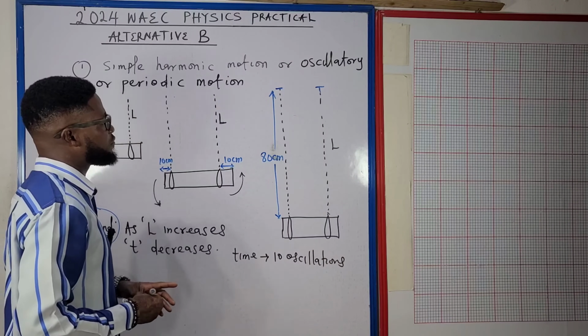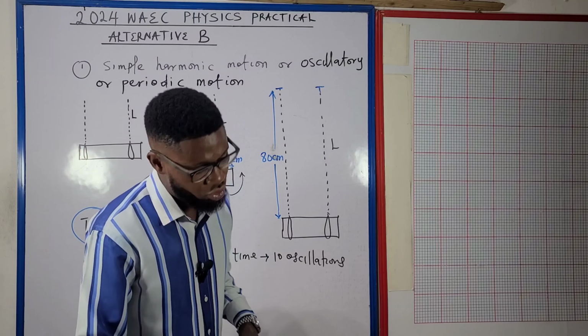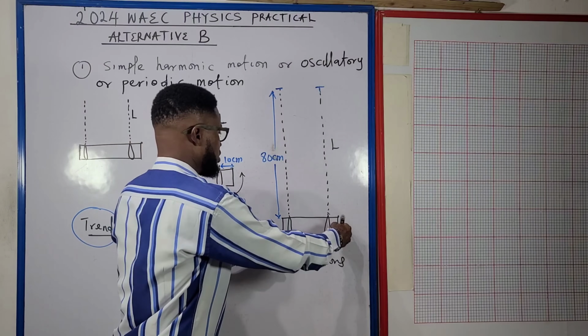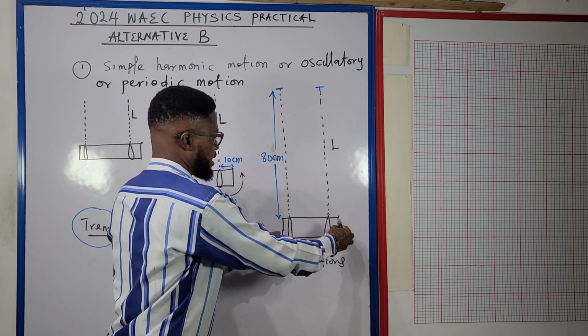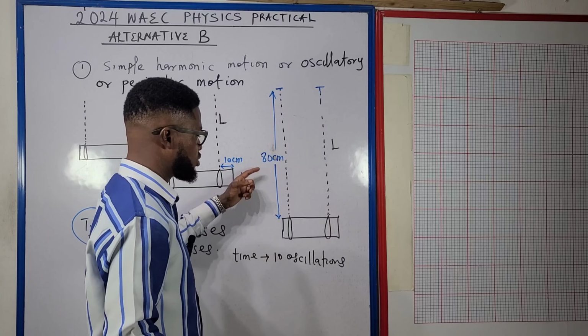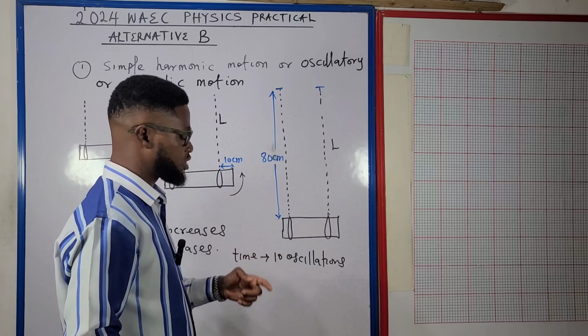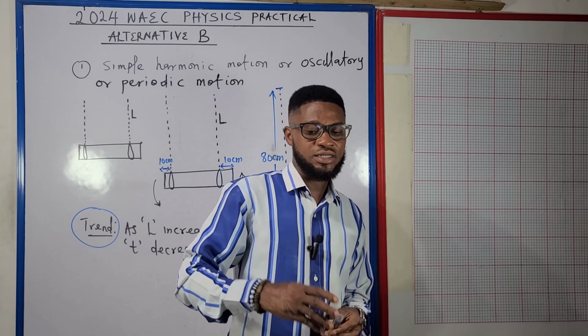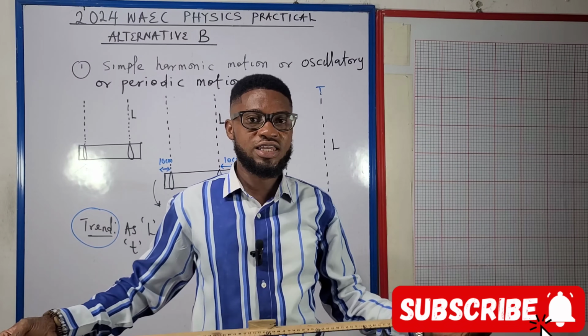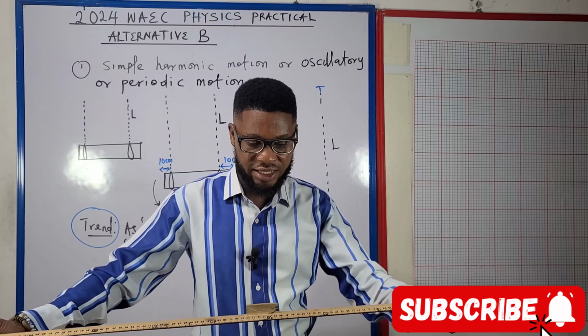Remember that for the first instruction, we were told to keep our L at 80 centimeter. After that, we then hold from the end, displace through an angle and set into oscillation so that it completes 10 oscillations. Now, 10 oscillations here means 10 to and fro movements like this.